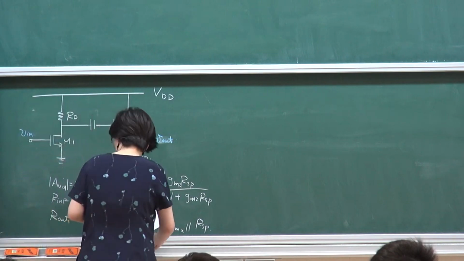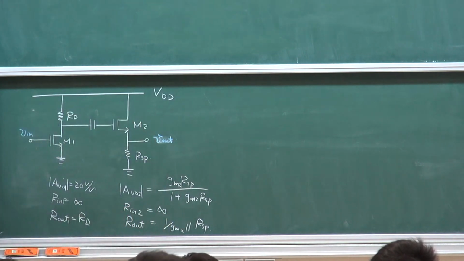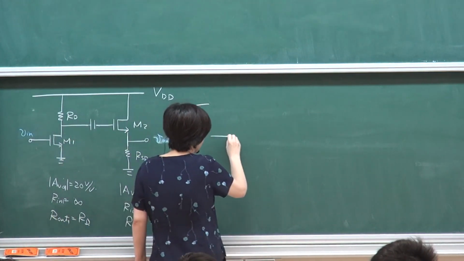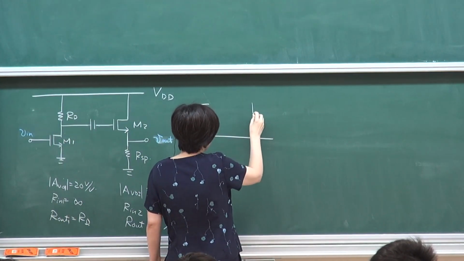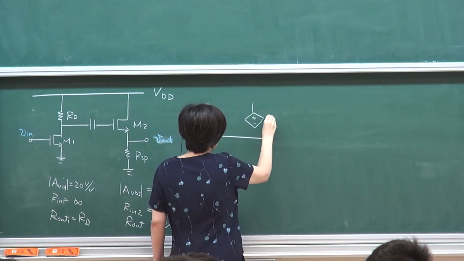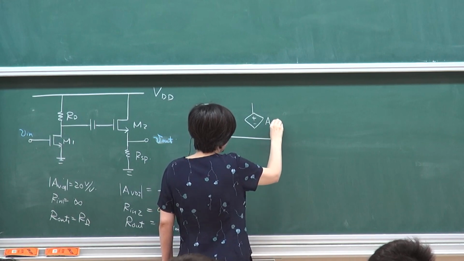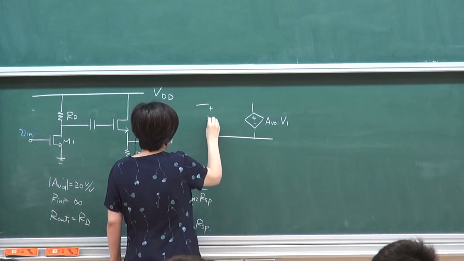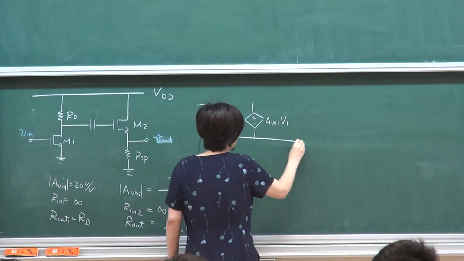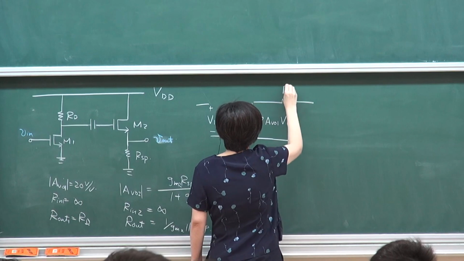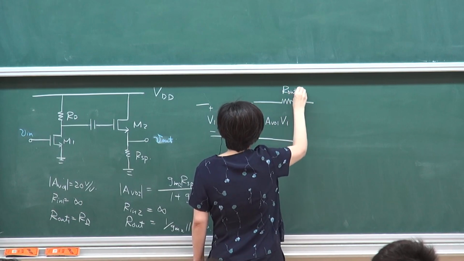So I'm going to do this input stage. I have a common source stage with a voltage gain AVO1 times V1, and then this will be RO1.